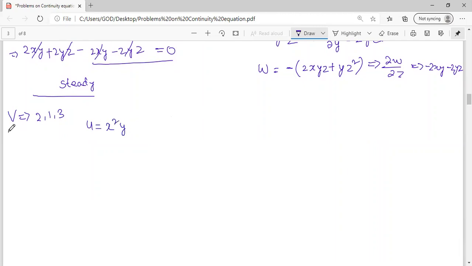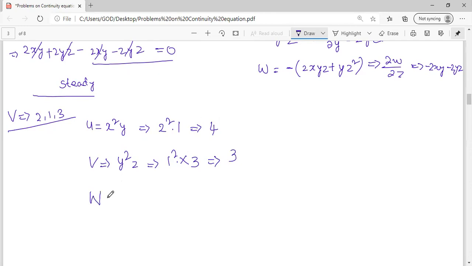At the point 2 comma 1 comma 3, 2 square is 4, 4 into 1 is 4. The v component is y square z, so if you substitute, it is 1 square into the z component, 3, which comes out to be 3.